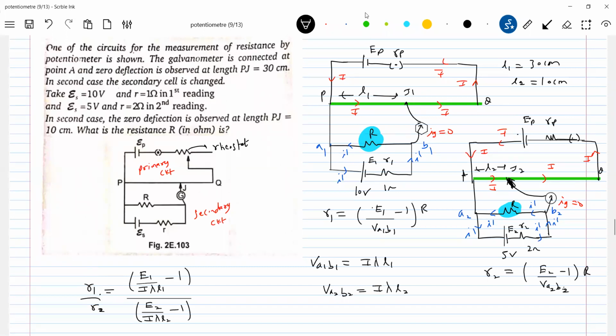We know all the values except I lambda, so that I lambda can be determined now. After getting I lambda, substitute in any one equation. Then you get the value of R.